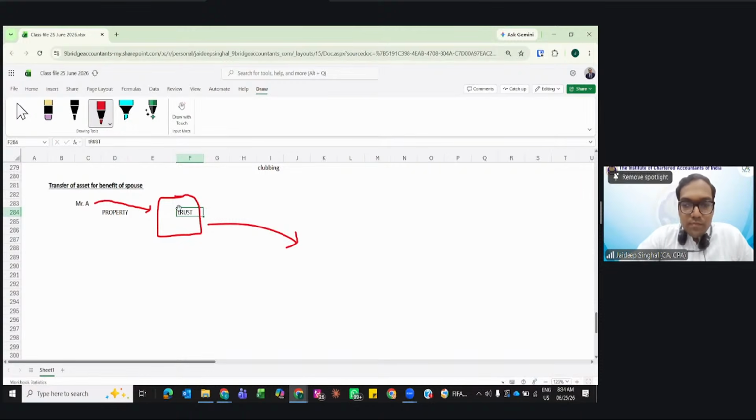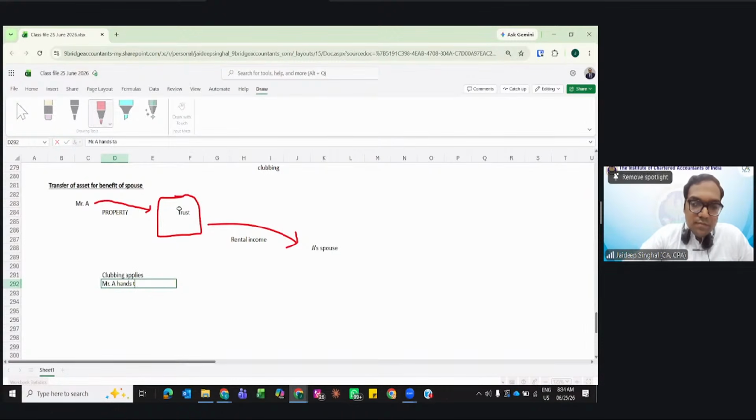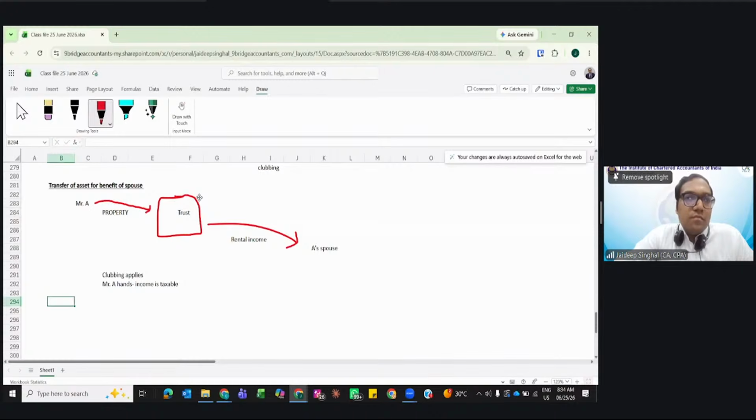This is the trust. Whatever rental income the trust is earning, that rental income is going to A's spouse. So again the clubbing will apply. Rental income will be taxable to Mr. A, hence taxable. Clear? Very simple.